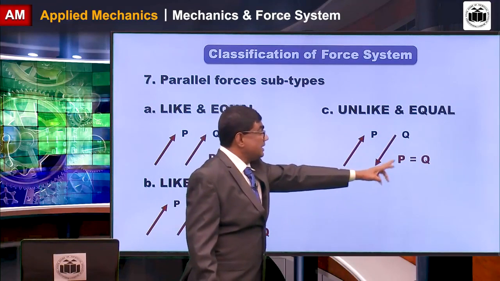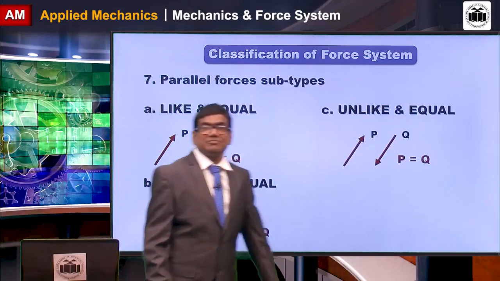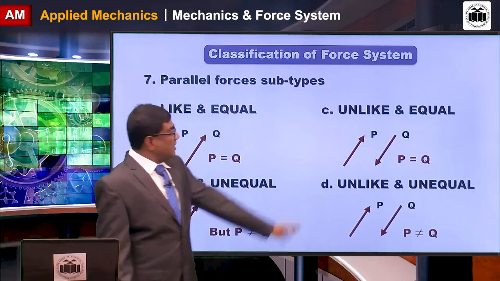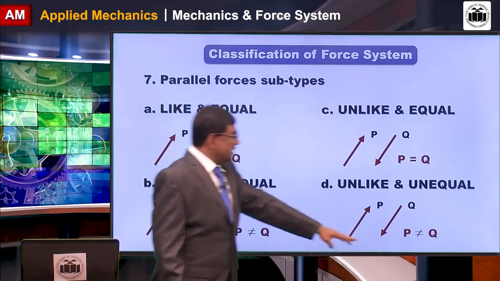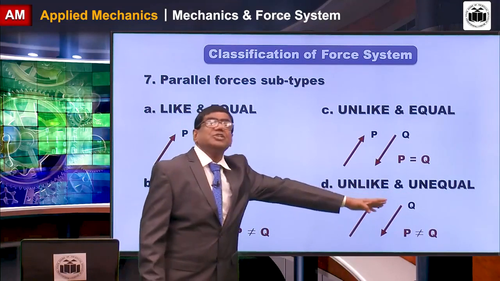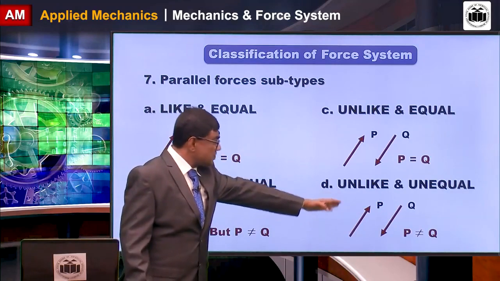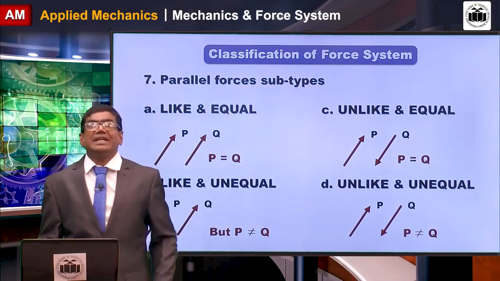Parallel, but their magnitude is the same, P equal to Q, so they are equal. And the next, unlike and unequal. Their direction is not the same, and their magnitude is also not the same, so P is not equal to Q. These parallel forces are known as unlike and unequal.